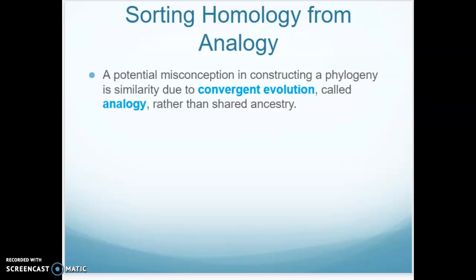So when we talk about homologies, we say the bones in your arm are the same as the bones in a cat and a whale and a crocodile, etc. Analogies would be like the wings of a butterfly and the wings of a bat, right? They both arrived at the same solution to a problem. They both developed flight and wings, but bats and butterflies don't have wings because of shared ancestry. They arrived at that solution independent of each other.